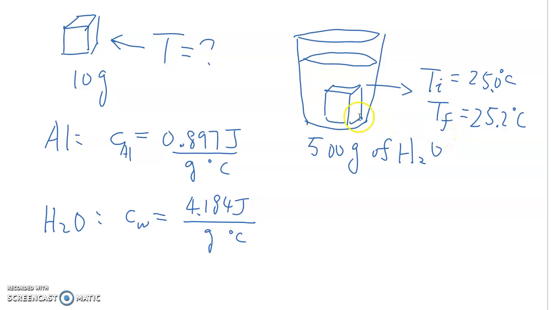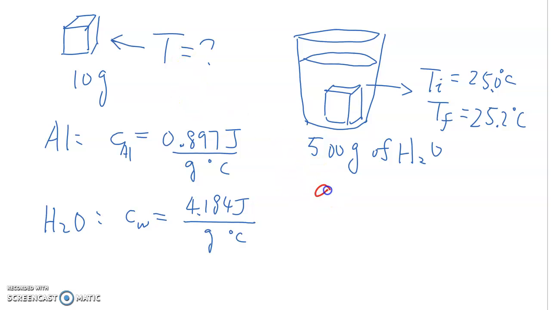That means the final temperature of the aluminum will also be 25.2 degrees Celsius. So let's see how we can approach this problem. We know that the heat absorbed by water will be the same amount of heat released by the aluminum.